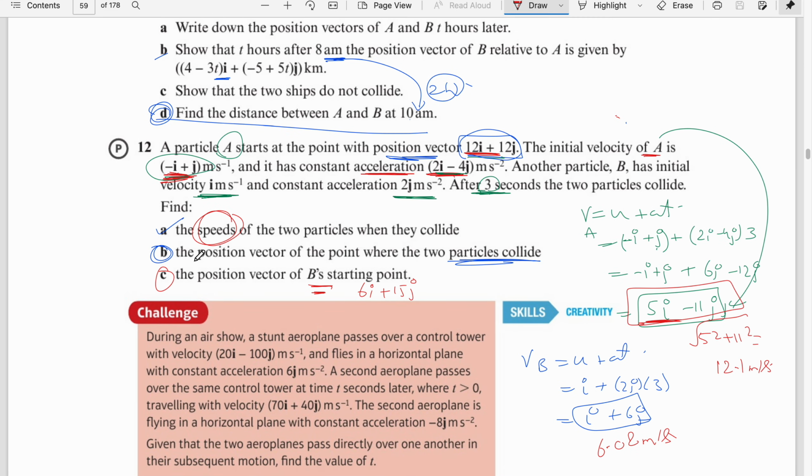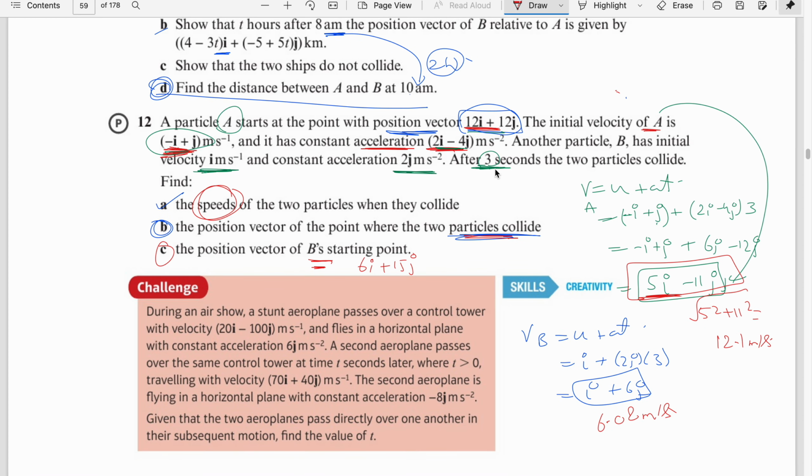Okay, second part says the position vector of the point where the two particles collide. So they collide after 3 seconds. So r is equal to r naught plus vt. Initial velocity of A is given, minus i plus j. We have done the final velocity in the previous part, that is 5i minus 11j, and divided by 2 for average velocity.